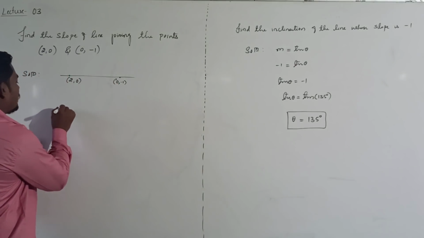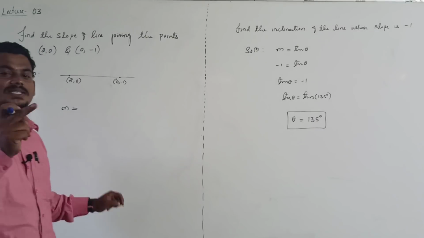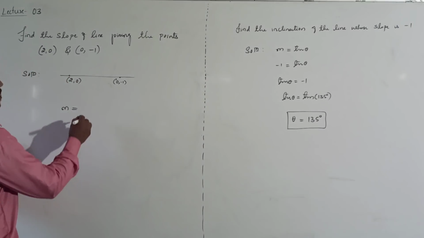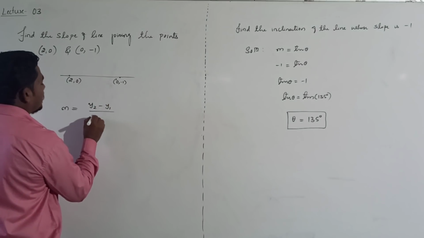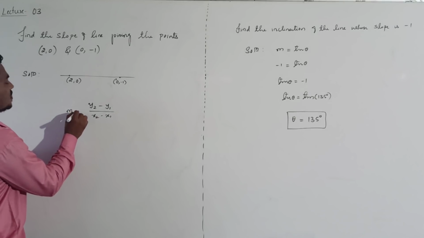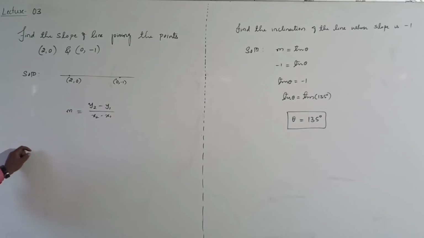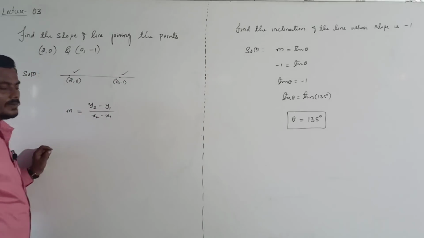Then already you know the formula for finding the slope of a line passing through given 2 points. M is equal to y2 minus y1 divided by x2 minus x1, right? Treat this as x1 y1 and this point as x2 y2.